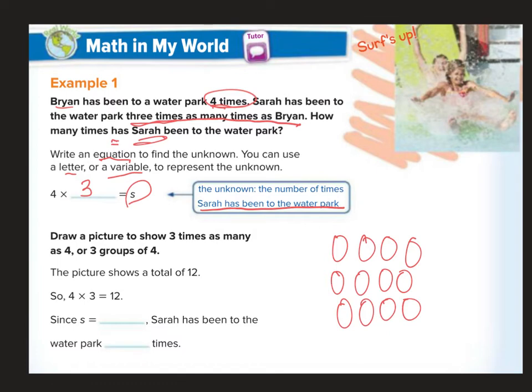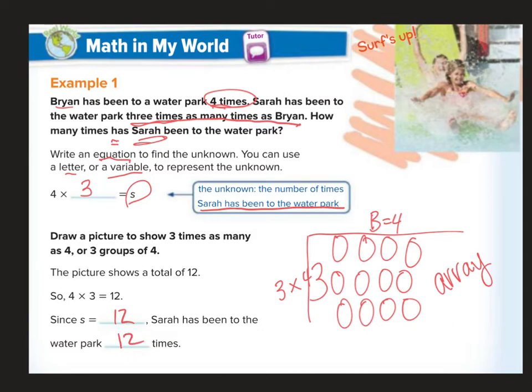So Brian went 4. Sarah went 3 times 4. So we've got 3 on this side, 4 on that side. That would be called an array, just to jog your memory on that vocabulary term. So since S is 12, Sarah has been to the water park 12 times.